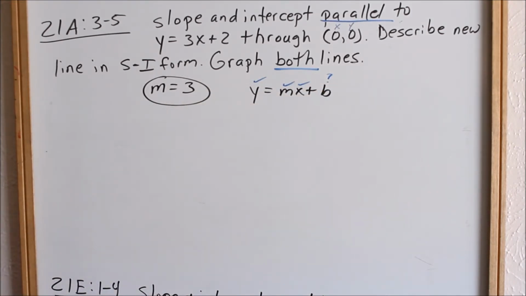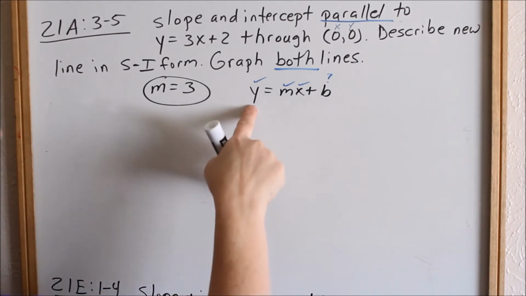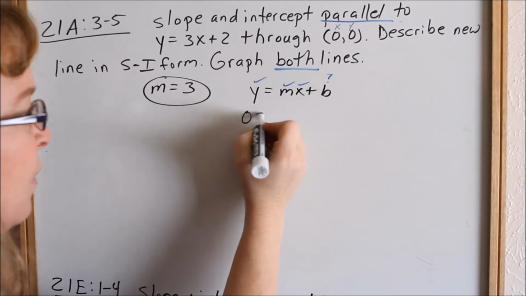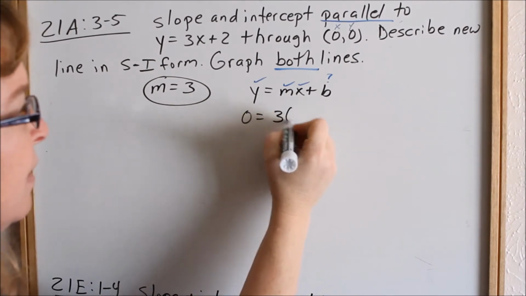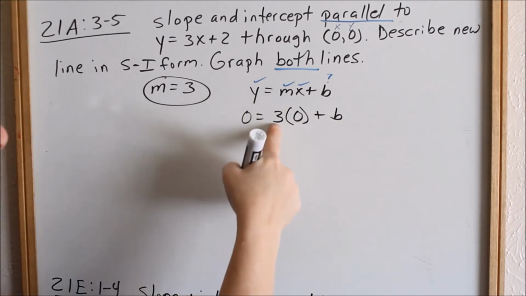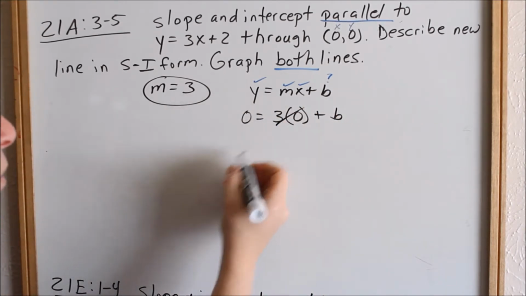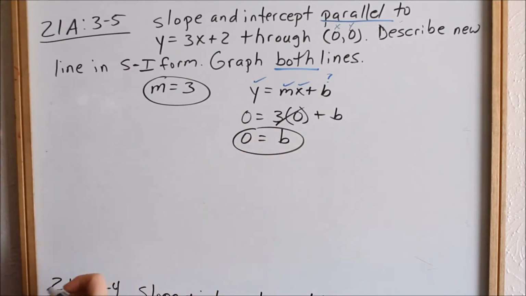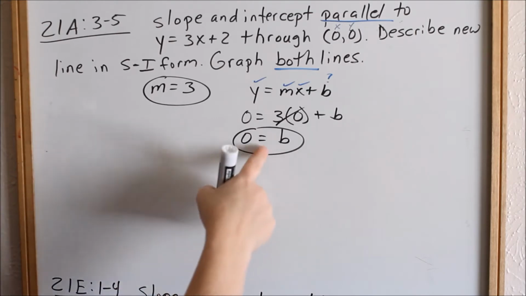My y coordinate is 0, my slope is 3, and my x coordinate is 0. 0 times anything is 0, so that goes away. So my y-intercept is 0. This line will cross through the origin. That was one of our answers too.